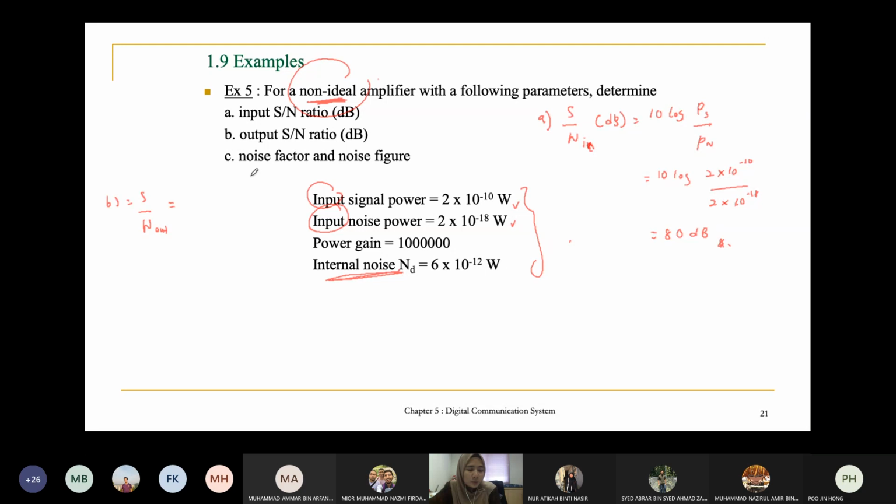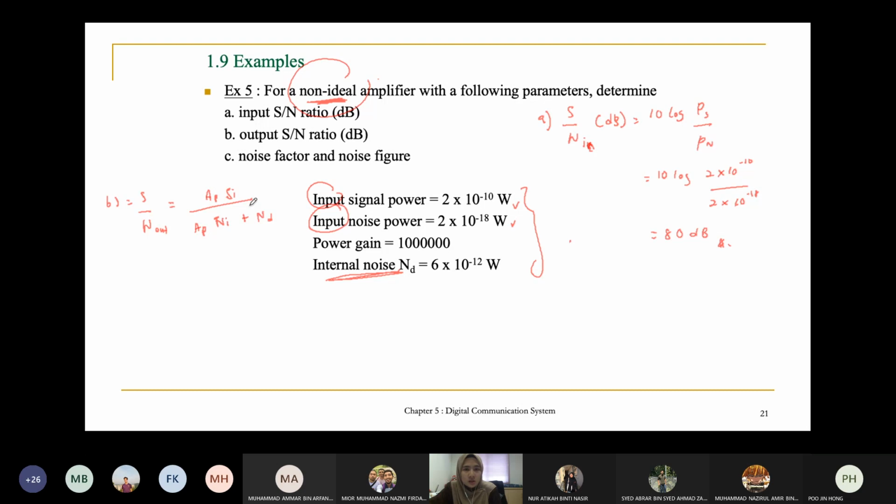For a non-ideal amplifier, the signal to noise ratio output is Ap times signal input divided by Ap times noise at the input plus internal noise Nd. If an ideal amplifier, you don't have the internal noise.